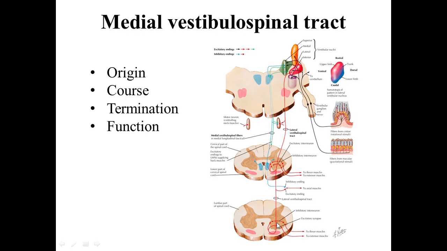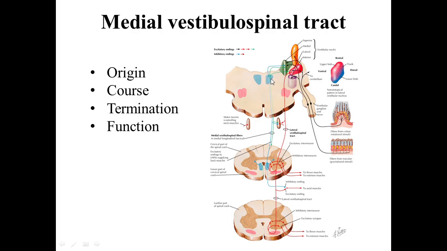The next tract is the medial vestibulospinal tract. Here the blue line indicates the medial vestibulospinal tract and it arises from the medial vestibular nucleus. This is the medial vestibular nucleus, which is located at the pontomedullary junction.